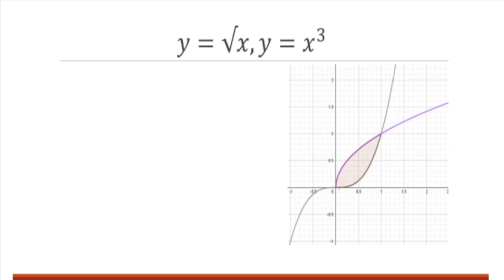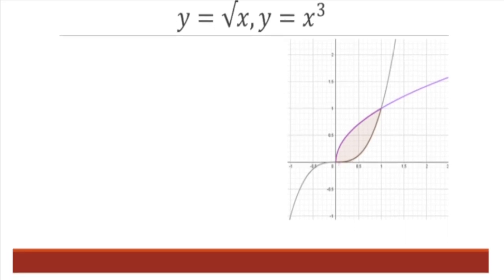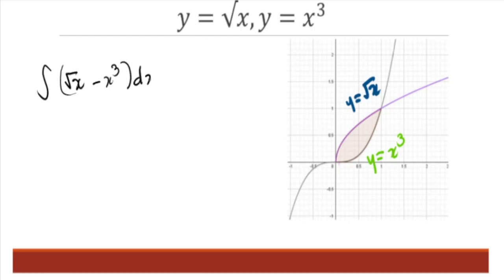Okay, y equals square root of x, y equals x cubed. So from the graph, this is y equals square root of x, and this is y equals x cubed. Okay, so the setup of our definite integral would be the definite integral of square root of x minus x cubed dx.